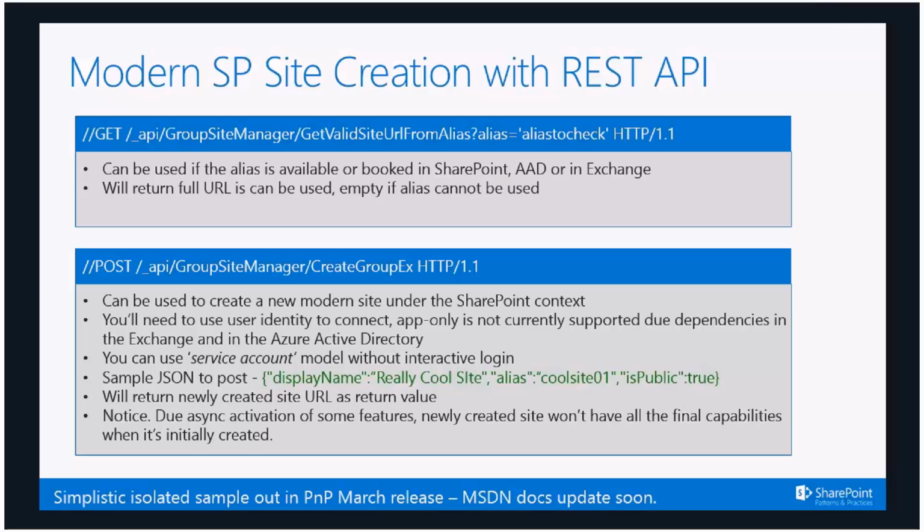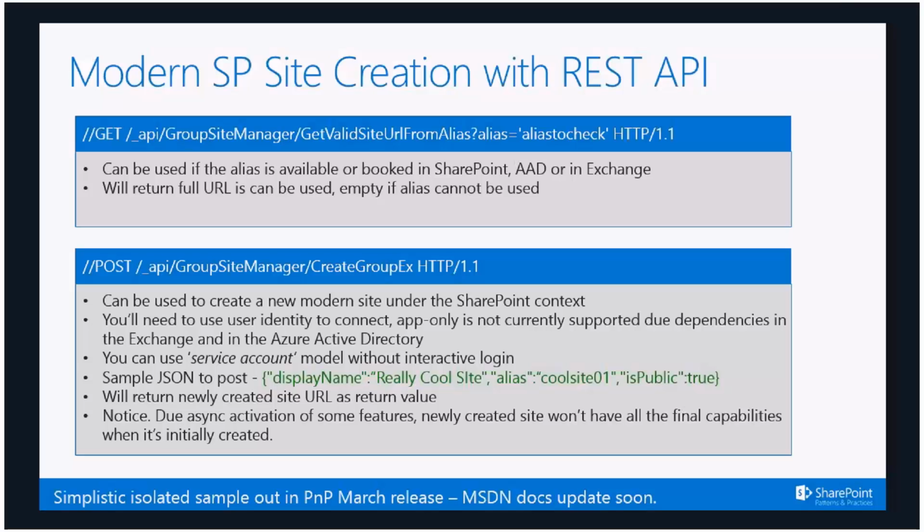Oh, and a final note on that one, which I'm going to show in practice during the demo as well. Whenever we are provisioning a modern site, the provisioning is super fast. One of the reasons why it's super fast is that we have parts which are activated asynchronously. As an example, the site assets library is asynchronously provisioned to the site unless an end user actually creates the site assets before the asynchronous process.